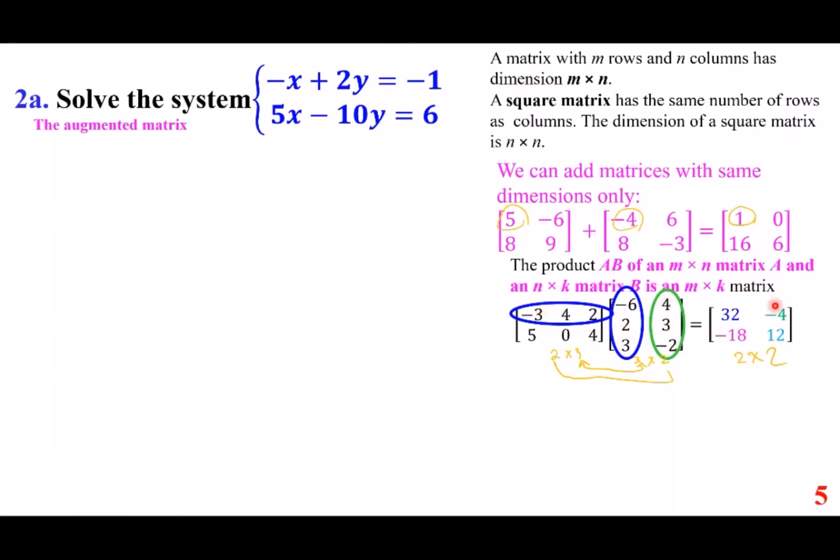So the augmented matrix is called -1, 5, 2, -10, and we have the last one, which is the result on the right side of the equation. And this is if we write it in this format, where the constant is on the other side. And by any chance, if any of them is missing, you have a 0 placeholder.